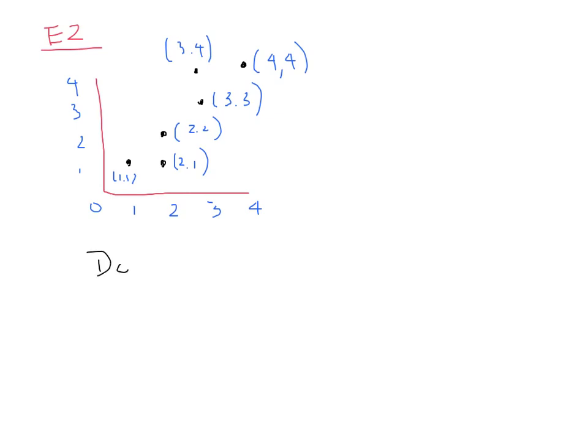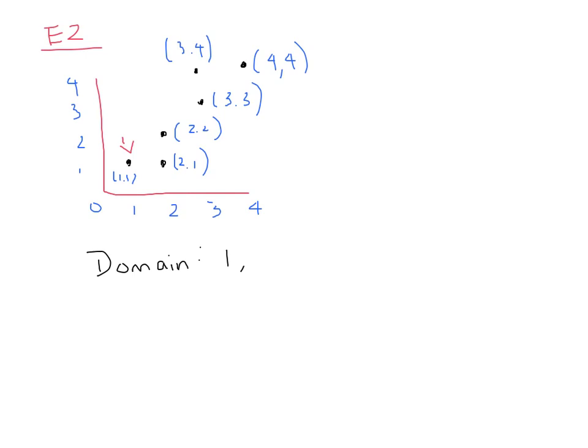Now we can identify the domain and range. So the domain. I'm going to look at all of my points, and I'm going to look for what is the lowest x value that I see. So I have x values of 1, 2, 3, and 4. The domain, I'm going to say, starts with 1. That's the lowest x value we have right here. The next one I see is the domain 2.